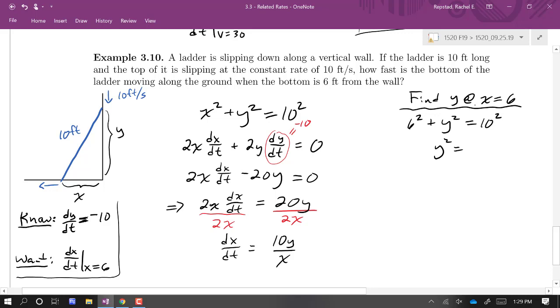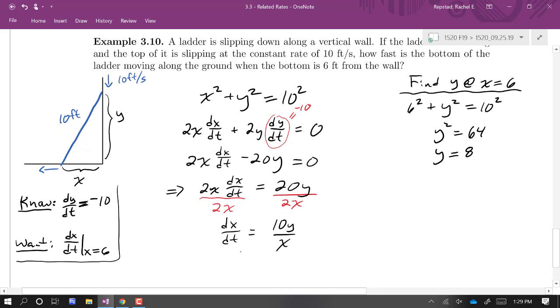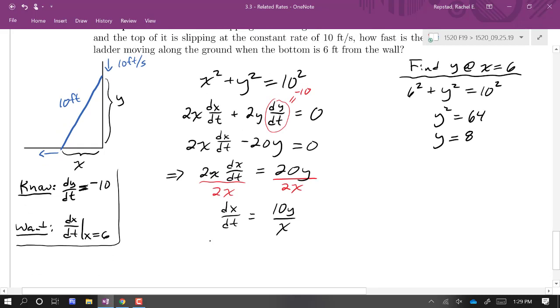So y squared is, let's see, 100 minus 36 is 64. So y is 8. All right, so now we're just about done.